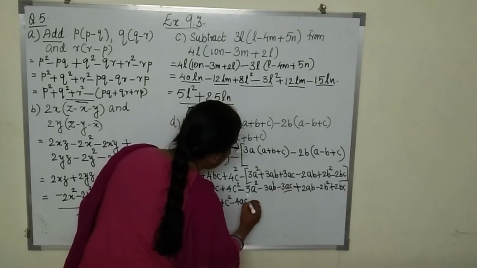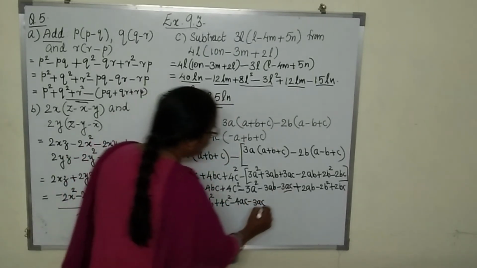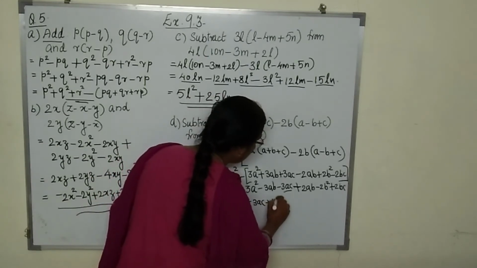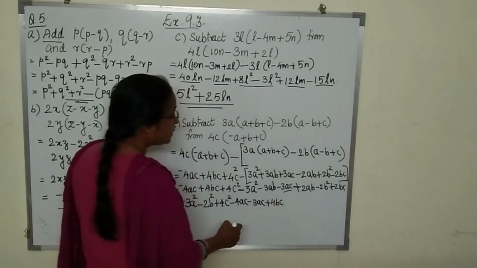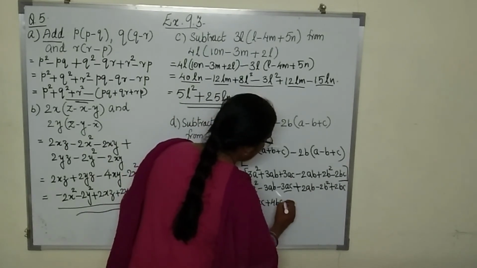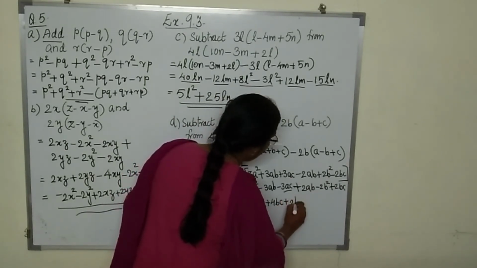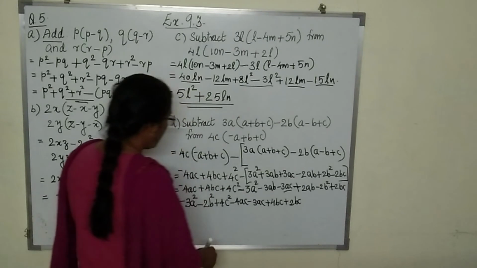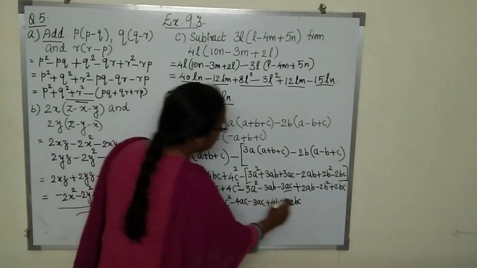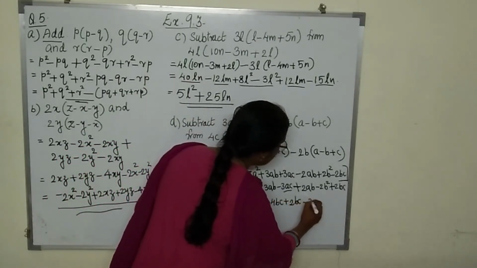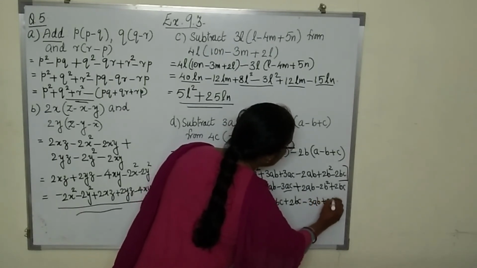Here, minus 3ac. Then plus 4bc. Where is the other bc term? The last, plus 2bc. Then here you have the ab term, that is minus 3ab plus 2ab.